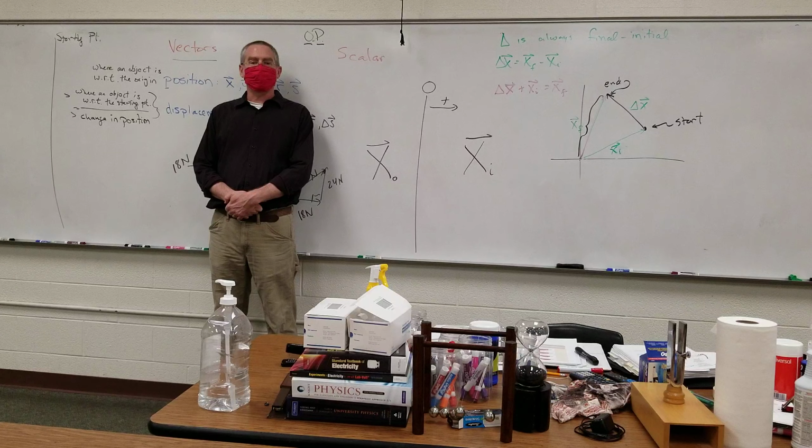If I make the origin that corner over there, think of an arrow going from that corner to where I am, and that arrow is constantly changing length and direction as I walk around. My position is changing, but the end is fixed. And so your displacement is the change from your starting position to your ending position.